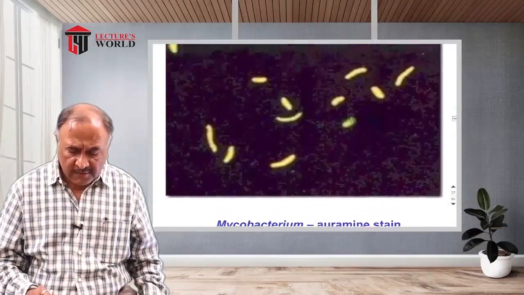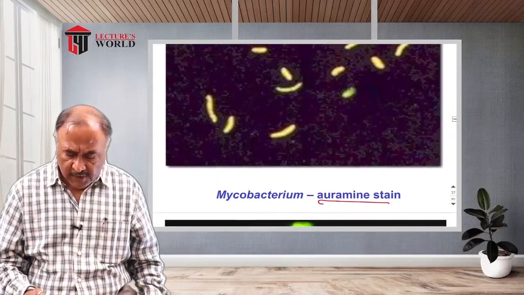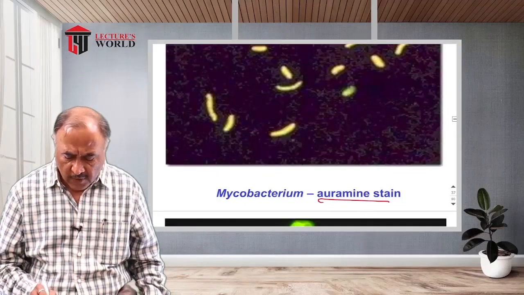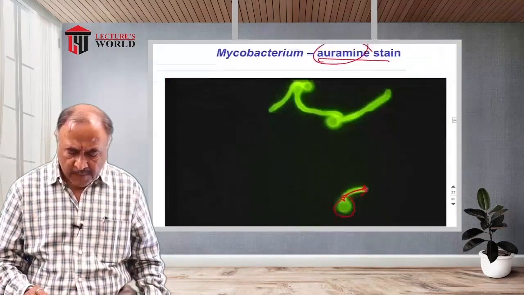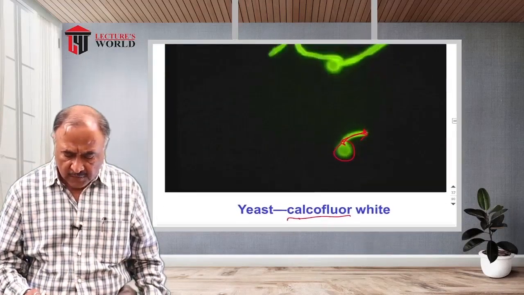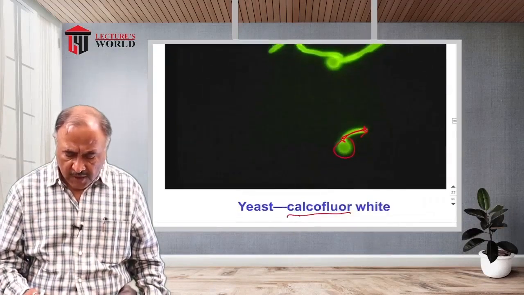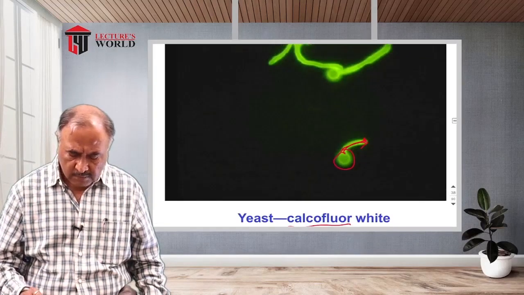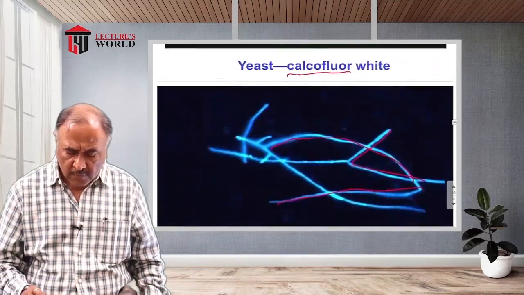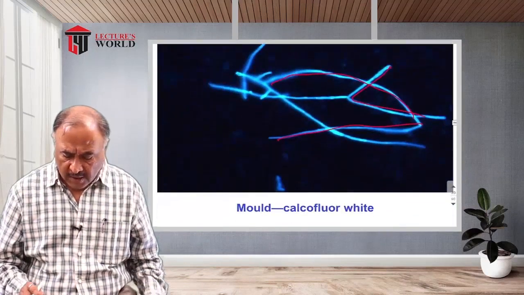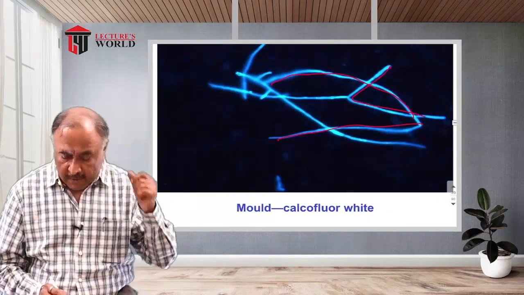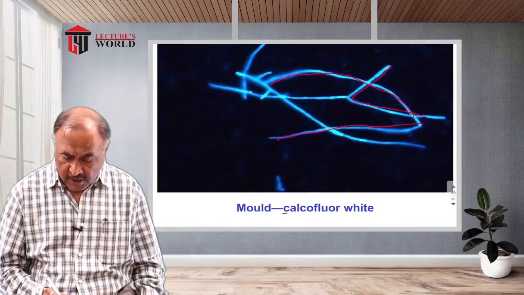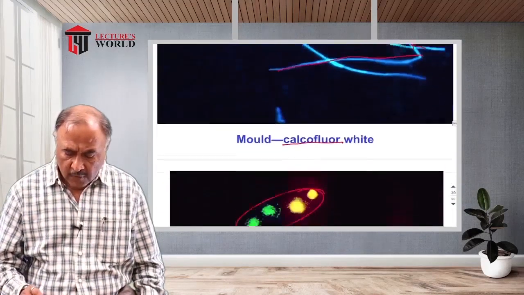In this technique, the mycobacterium is stained by a stain known as auramine. This is a yeast which is stained using calcofluor white. This is fungal mycelia which have been stained by the same fluorescent dye, calcofluor white.